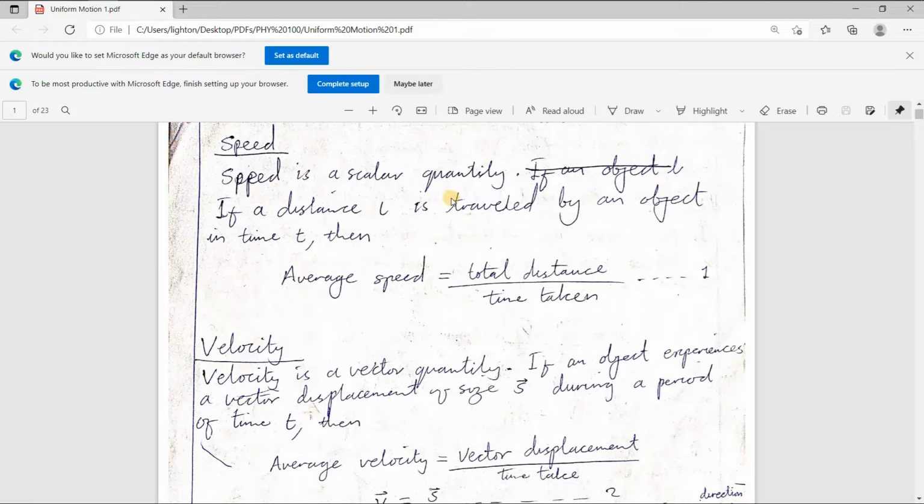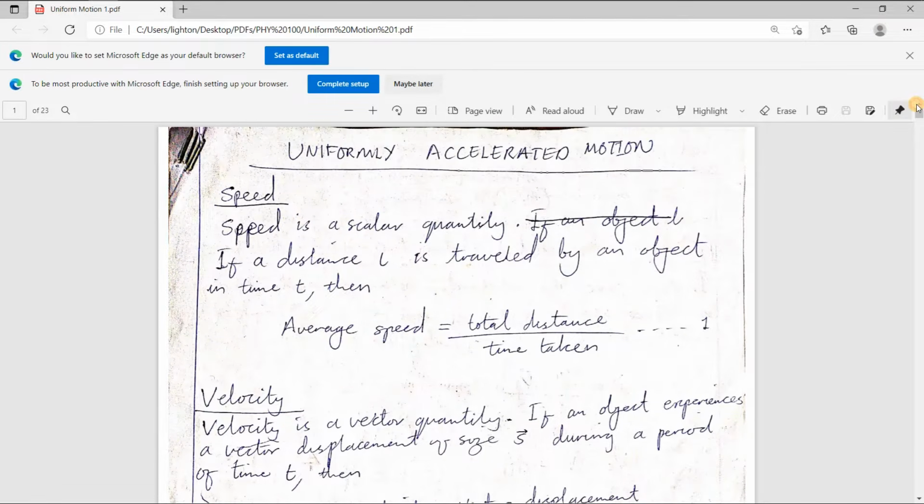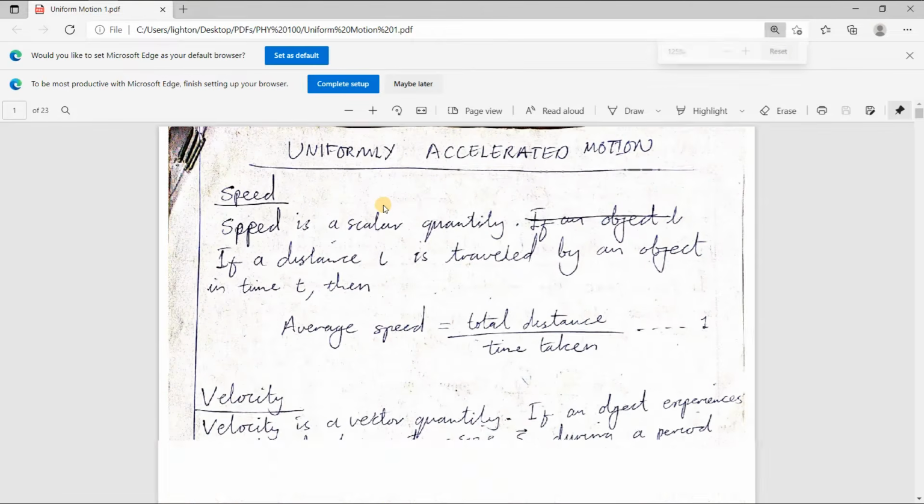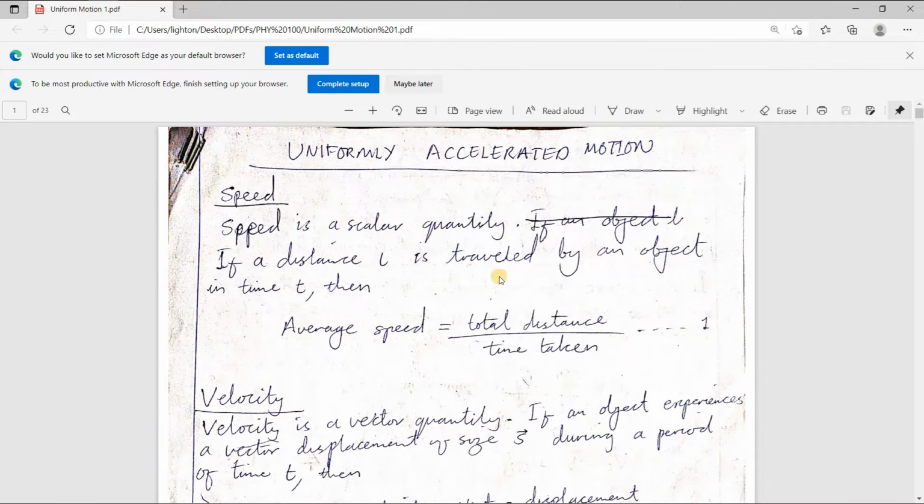So we'll start with speed. Yes, this is uniformly accelerated motion. So speed is just a scalar quantity, and that's something which we know. Speed is a scalar quantity, meaning that it only has magnitude, and the direction is not included in speed.